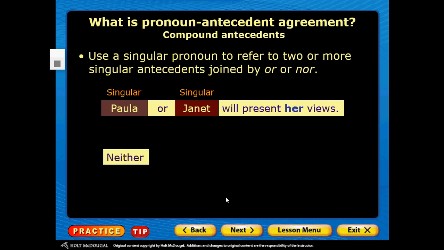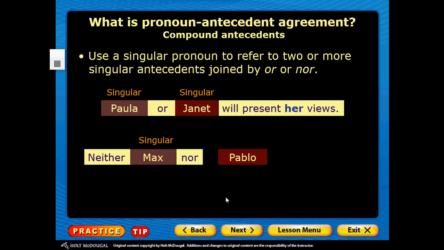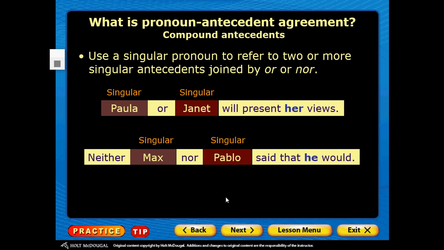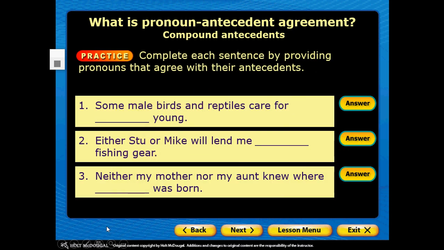So let's continue. Neither Max nor Pablo said that he would. So we're using or, nor, and we use these between singular antecedents. Okay? So let's have a look at the practice.